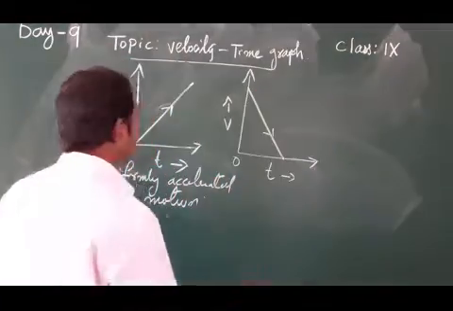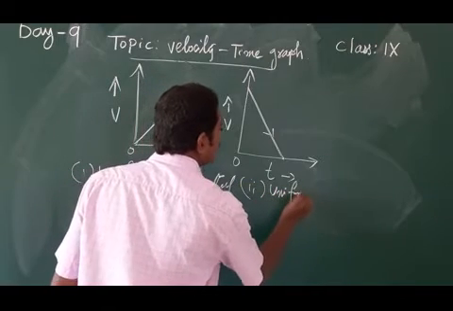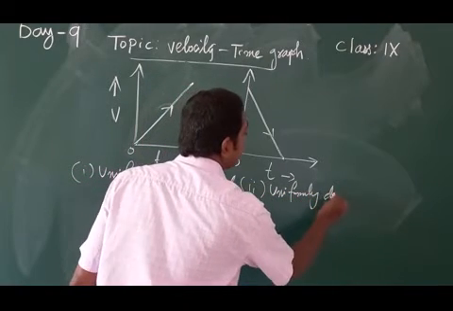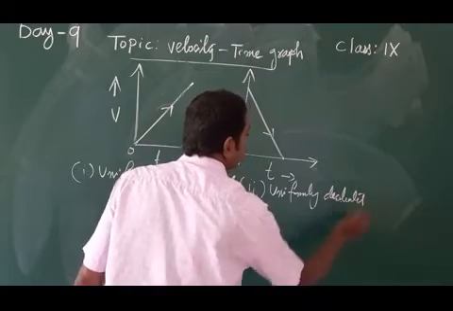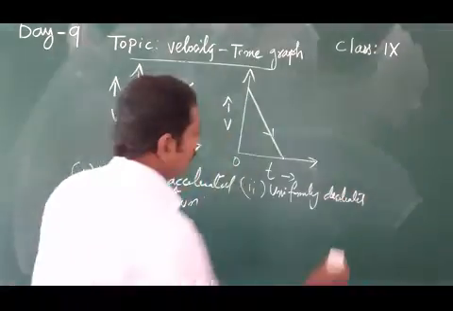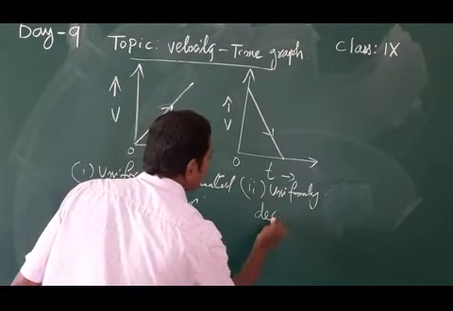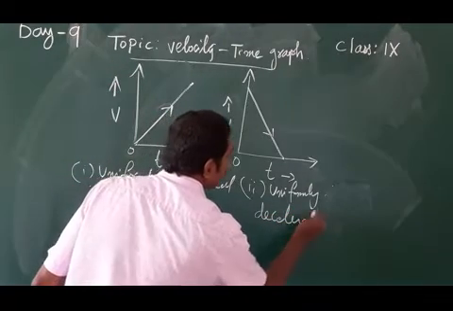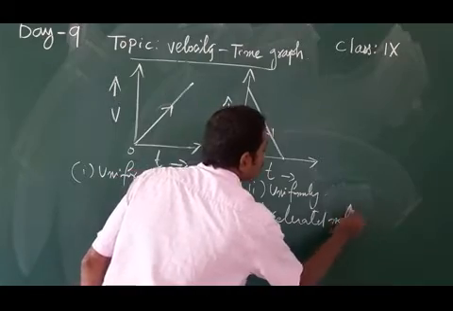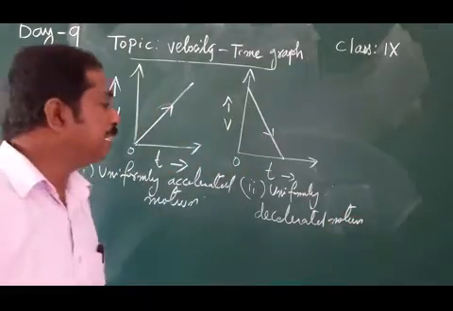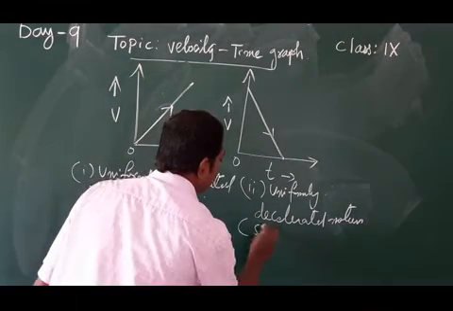Then it is called uniformly decelerated motion, or speed decreases with the time.